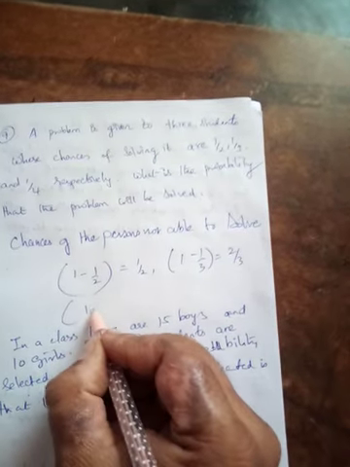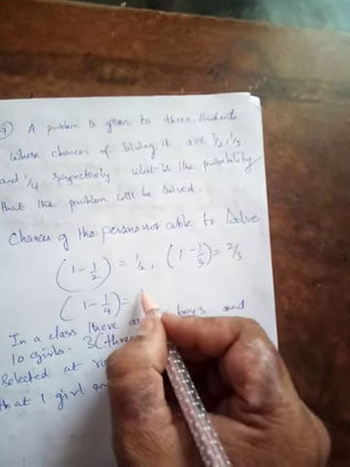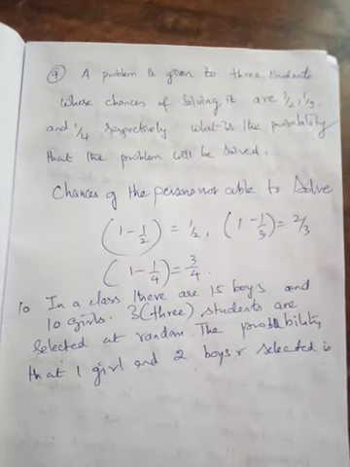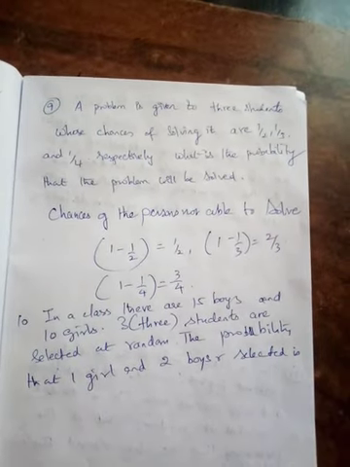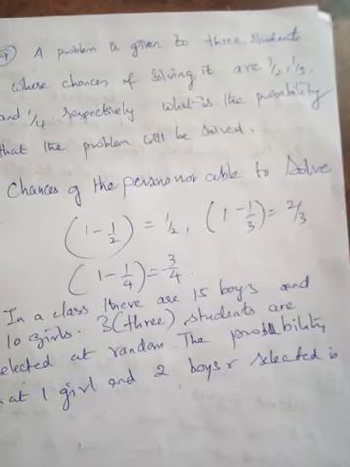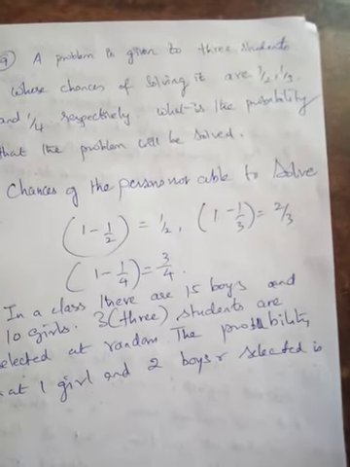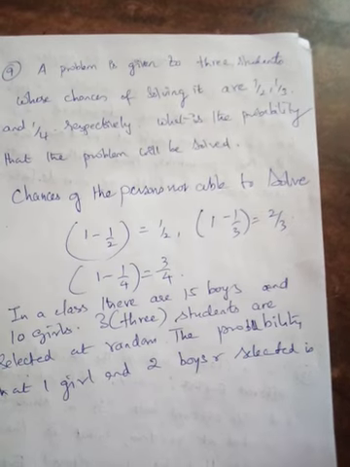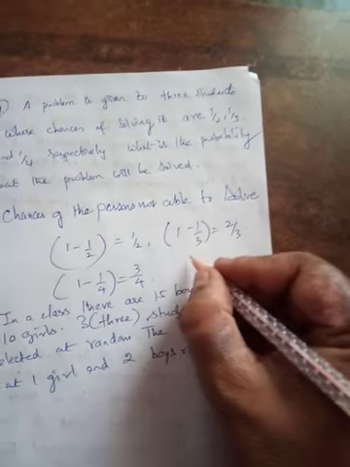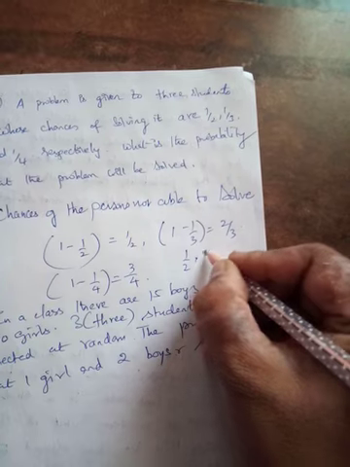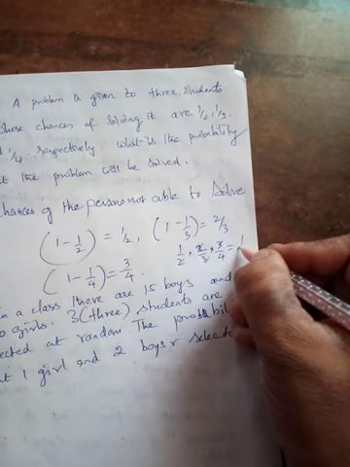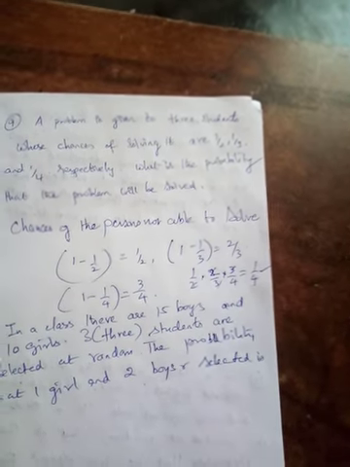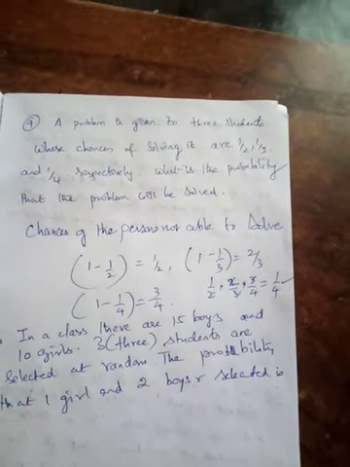For the third person, the same case, 1 minus 1 by 4, that is 25% gone, so this is 3 by 4, 75%. So the chance of all the persons not being able to solve is 1 by 2 into 2 by 3 into 3 by 4. The 3 cancels, the 2 cancels, and it is 1 by 4, that is 25%.